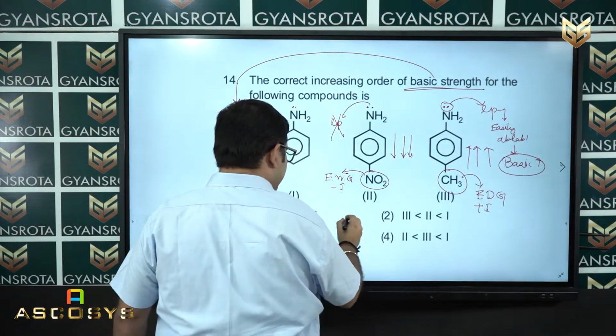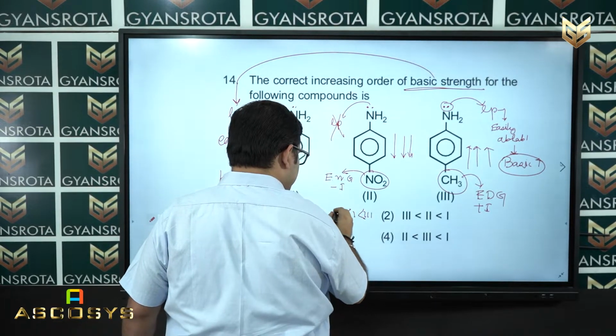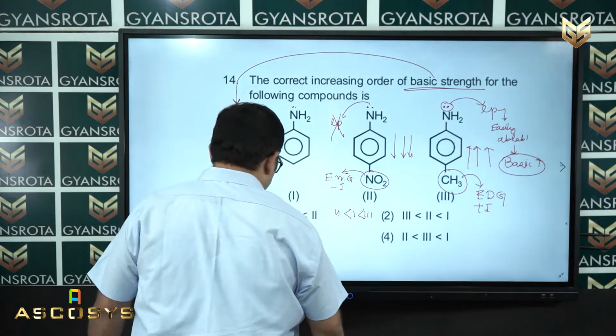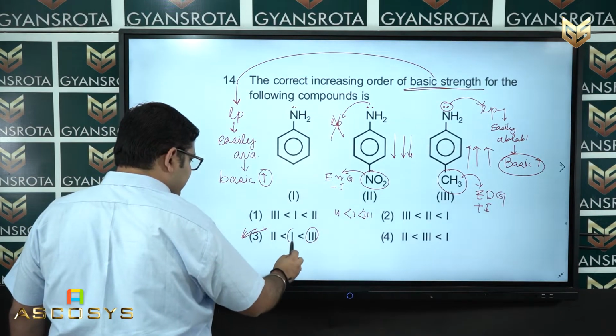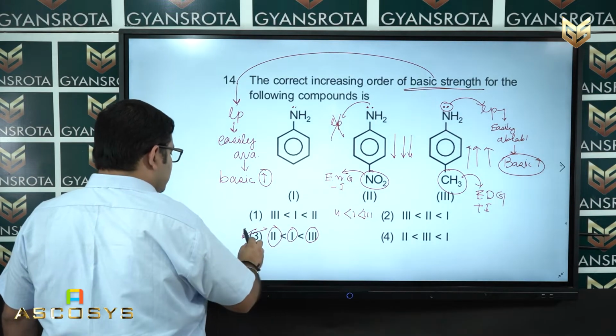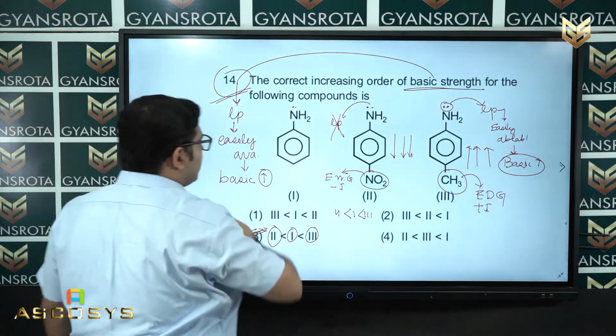So, option 3 is more basic, then option 1, then option 2. So, if you see option number 3, where the third one is more basic, then the first one, then the second one. So, option number 3 is the correct answer of your question number 14.